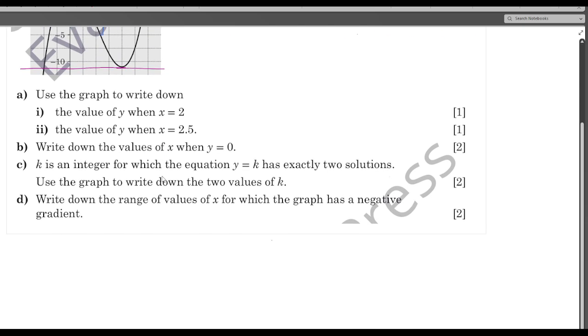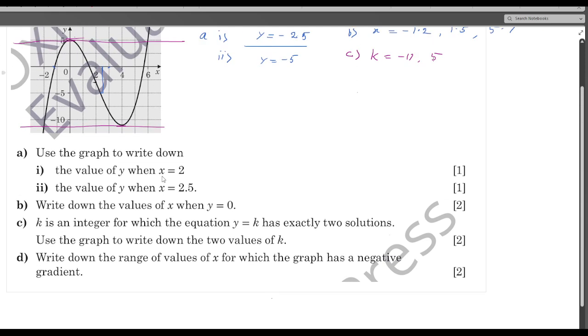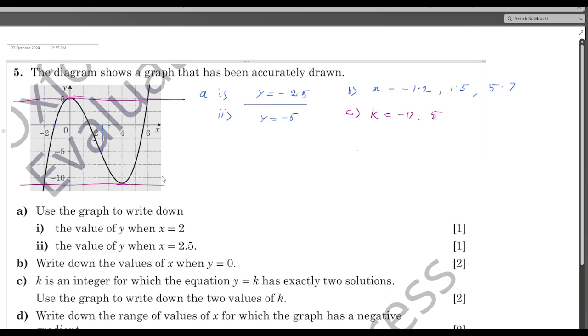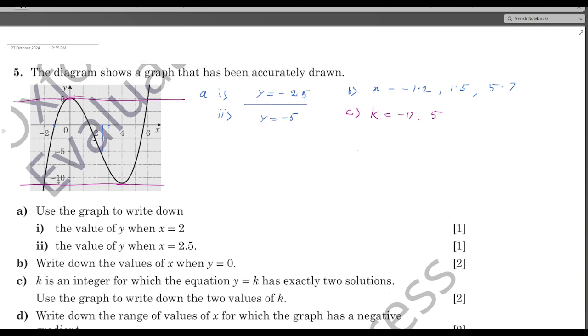Now write down the range of values of x for which the graph has a negative gradient. Negative gradient means when your graph is going down: as x is increasing, y decreases, which indicates that the gradient is negative. So here we can see that for x between 0 and 4, the gradient is negative.